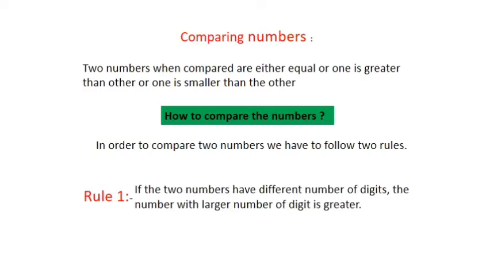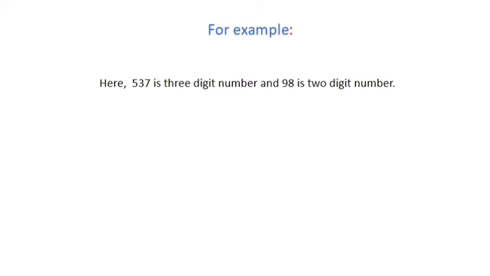Let us see rule number 1. If two numbers have a different number of digits, then the number with the larger number of digits is greater. Let us see an example. Here I have taken 537 and 98. 537 is a 3-digit number and 98 is a 2-digit number.